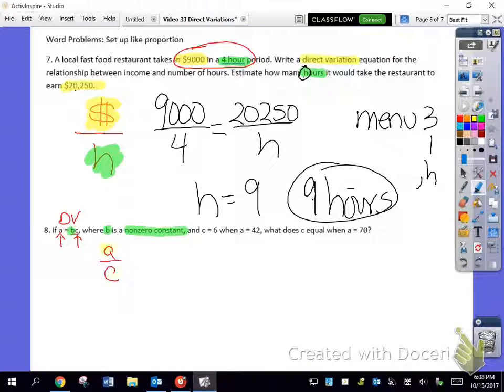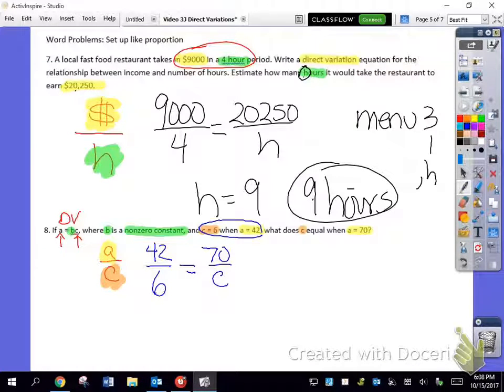So let's set it. Look for your A's. A is 42, A is 70, and then C is 6, and there's C. All right, so we're going to set it up, and remember the commas will help you see what goes together. So I have 42 over 6 equals 70 over C. And then you're going to do the menu 3, 1, and after you do menu 3, 1, you're going to do comma C.